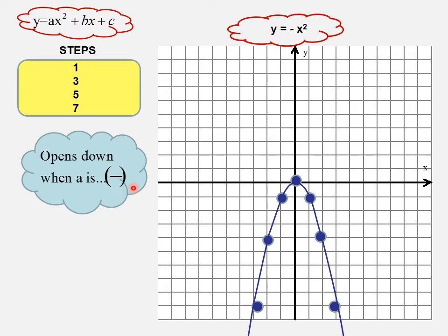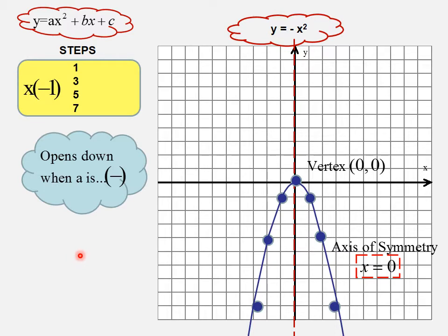Notice that this time we have a frown because the parabola opens down when a is negative. And let's also label our vertex as 0, 0. Our axis of symmetry is still the same, right in the middle, a dotted red line.